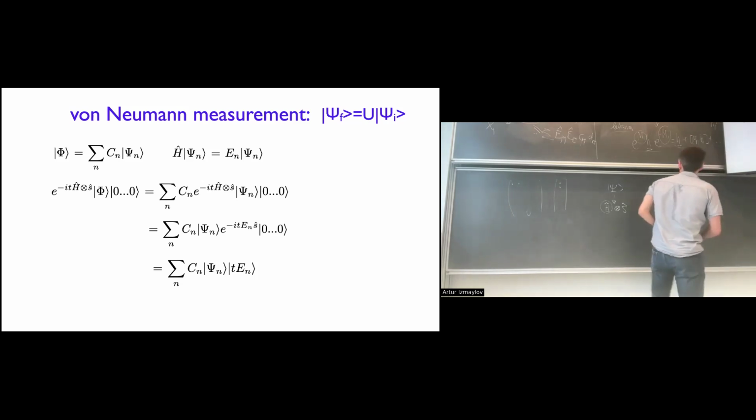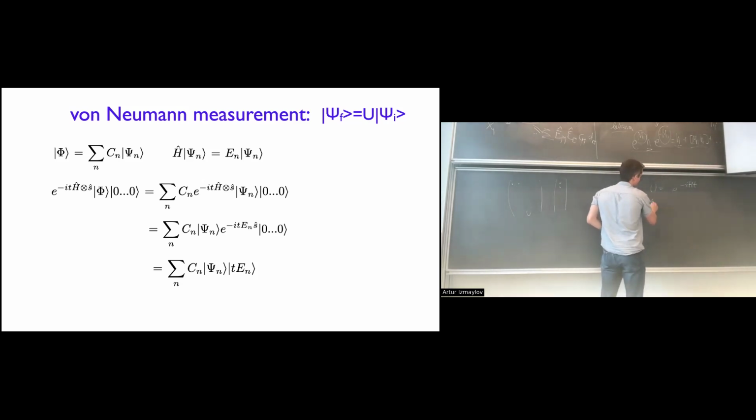Because we started with the phi and then 0, this state is really Cn psi n, 0. Essentially, for each psi n in this sum, we have the register which can record the results.